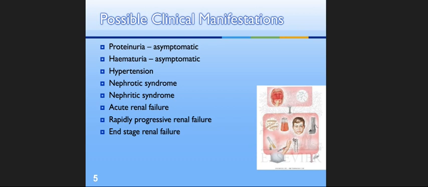What are the possible clinical manifestations? As I told, some may present with proteinuria, which is mostly asymptomatic. It doesn't mean that some patients do not have symptomatic proteinuria. Symptomatic proteinuria here means that proteinuria is accompanied by other manifestations. Other people present with hematuria, which is also asymptomatic.